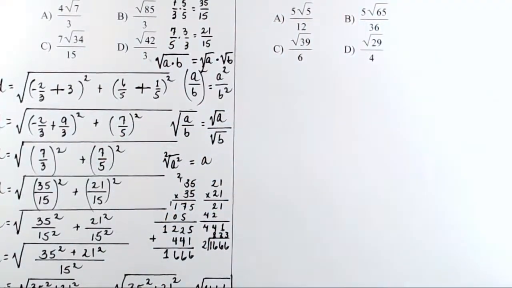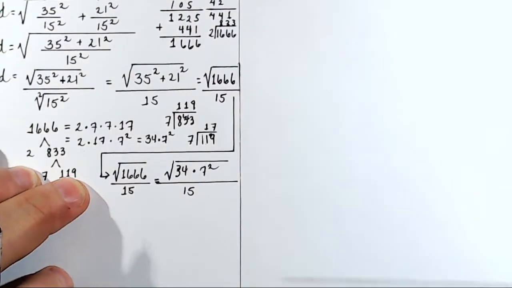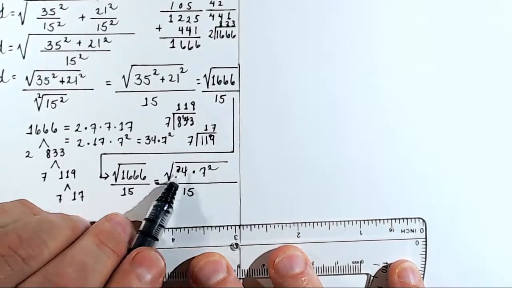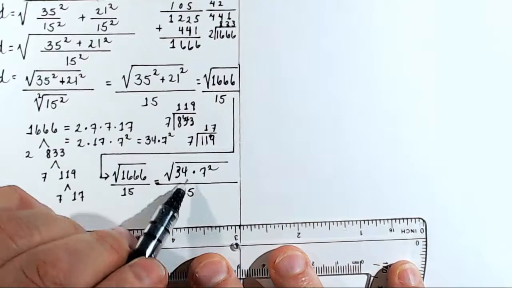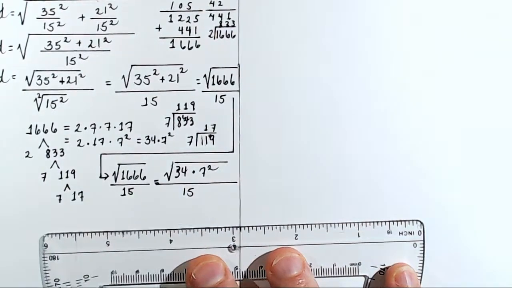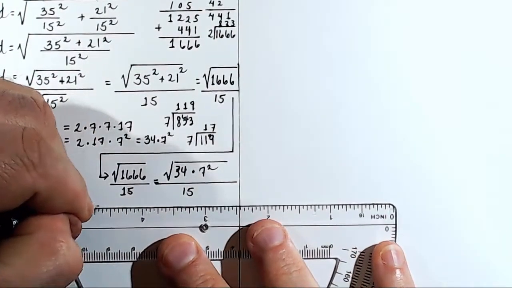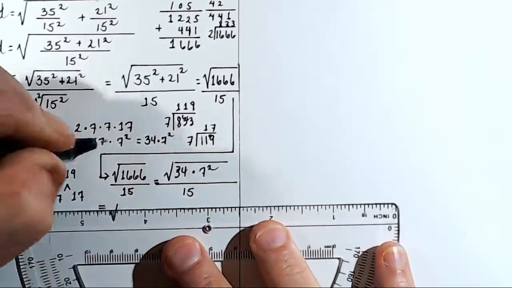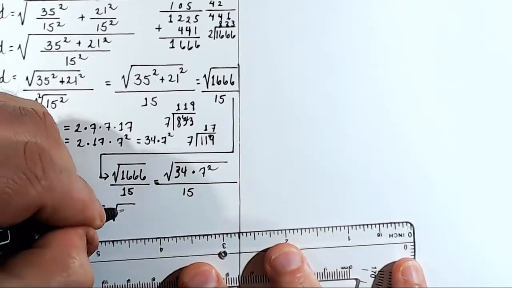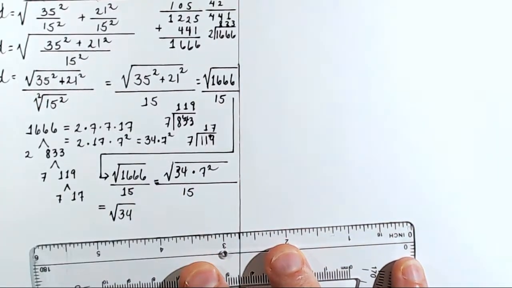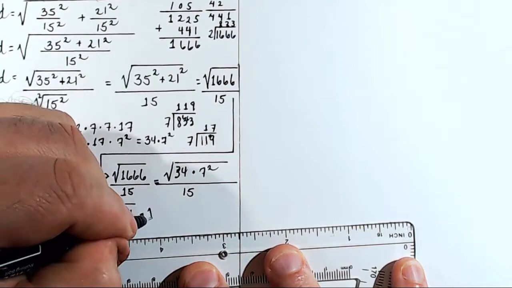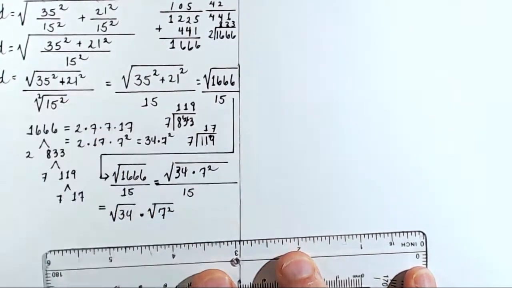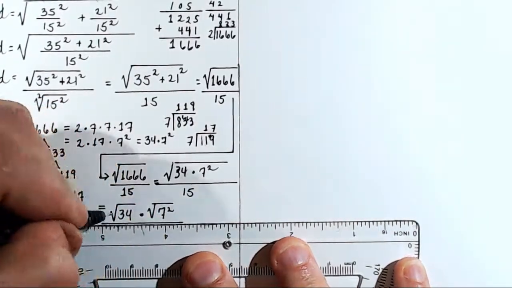So I'm going to exploit that property right here. I'm going to rewrite the square root of 34 times 7 squared as the square root of 34 times the square root of 7 squared. All right, so let me put that here, equals the square root of 34 times the square root of 7 squared over 15.